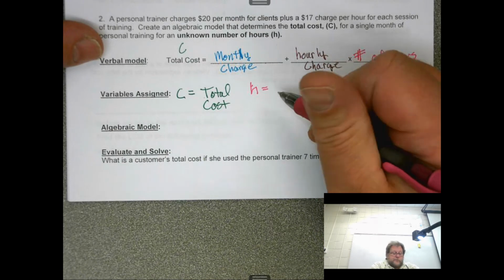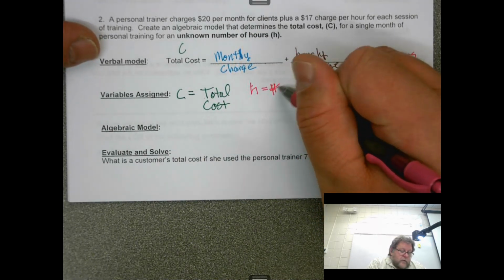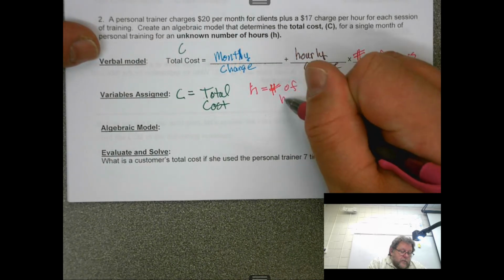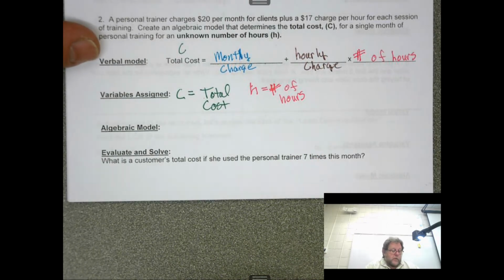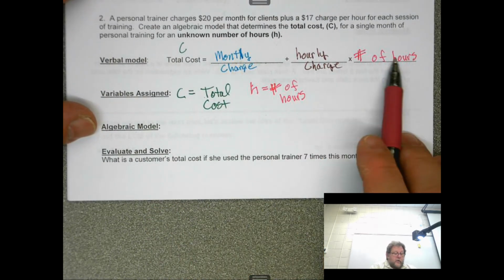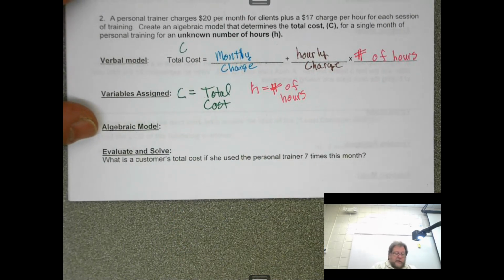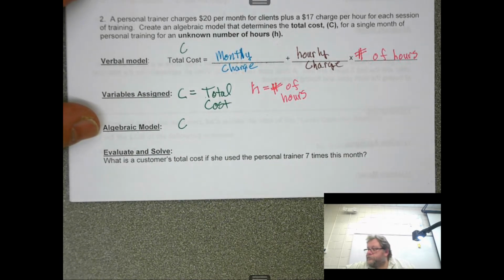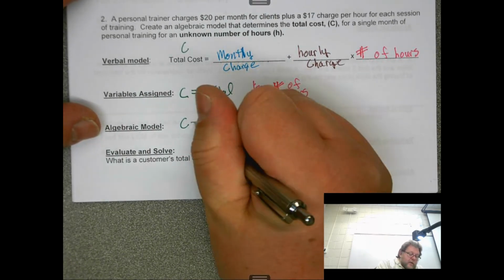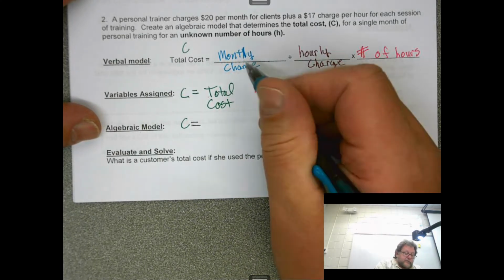Okay, so let's go ahead and now take our verbal model up here and make it algebraic. Well, I already put the C in there, so we'll start with that. C equals monthly charge, which is $17. 17 was our monthly charge, plus our hourly charge. Oh, I'm sorry.